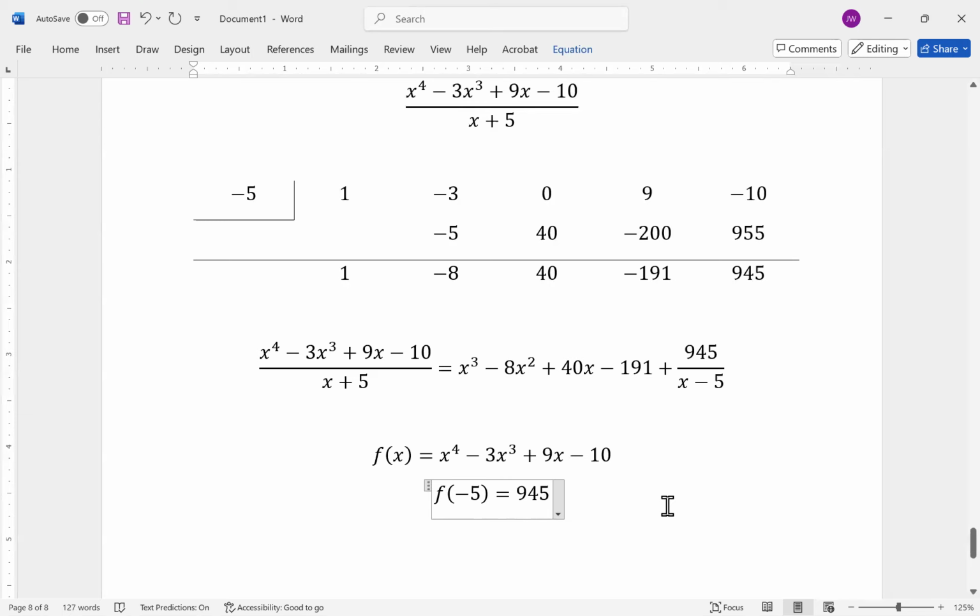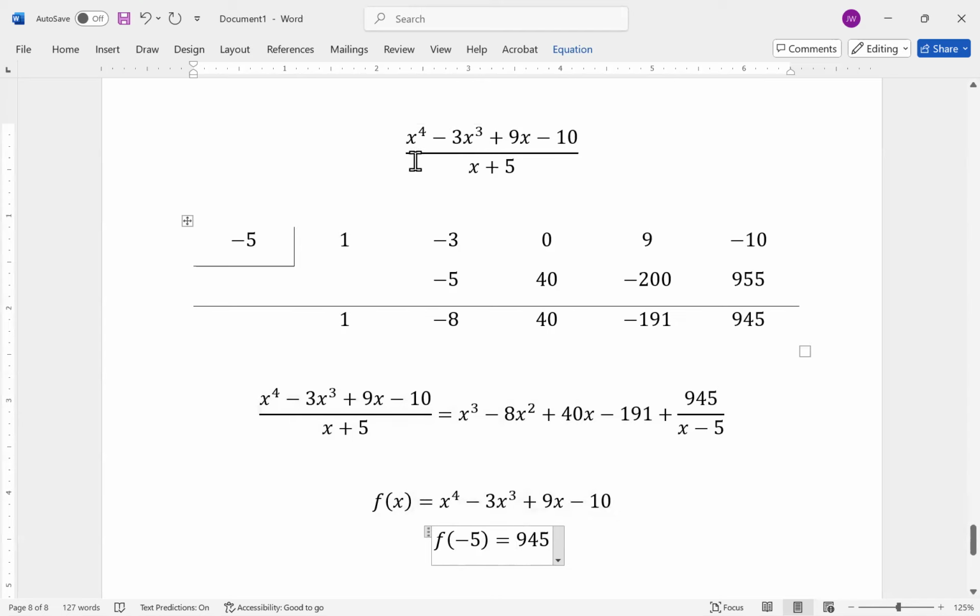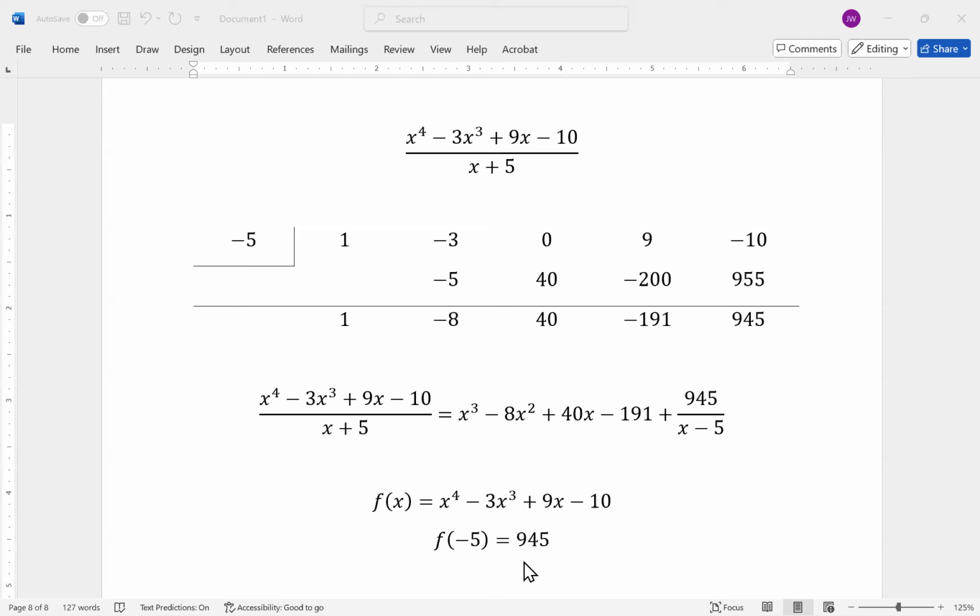By the way, that's always a good check that I've done my synthetic division correctly as well. Just plug the number into the function and see that you get the remainder. If you did, then you probably did your synthetic division correctly. If you didn't, then probably something went wrong. I did that and did check on my calculator.